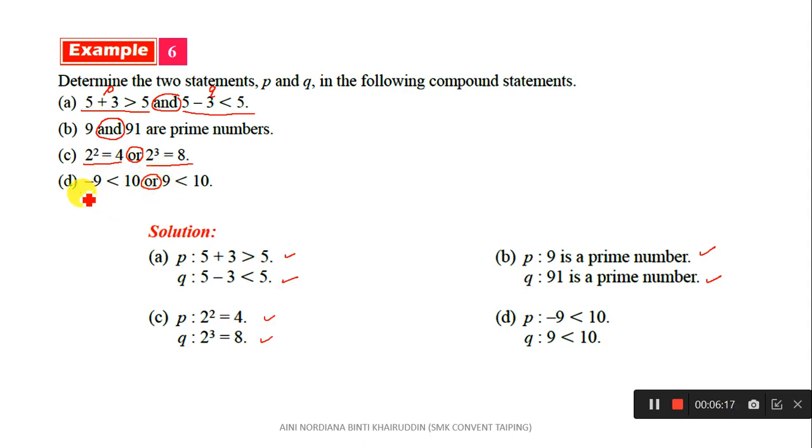So this is P and this is Q. Very easy to determine the two statements by just looking at the word "and" or "or".